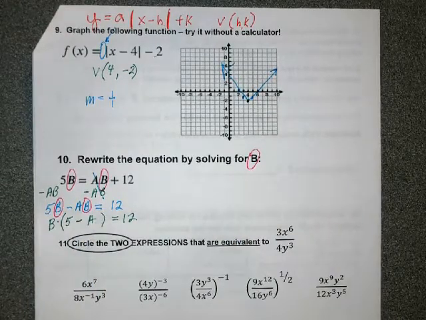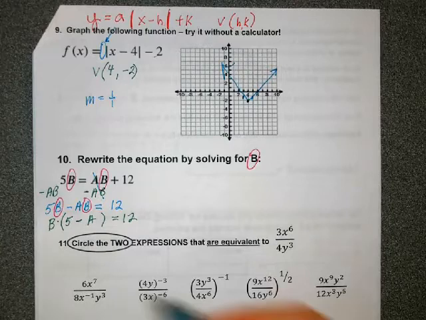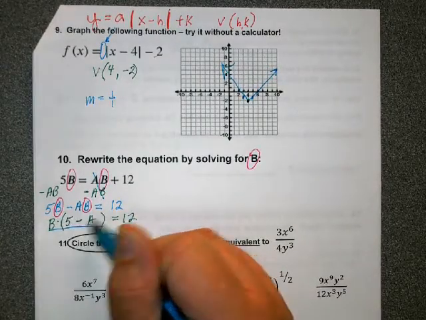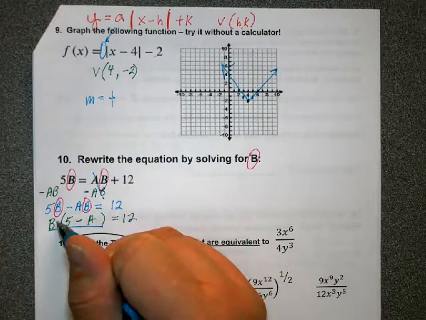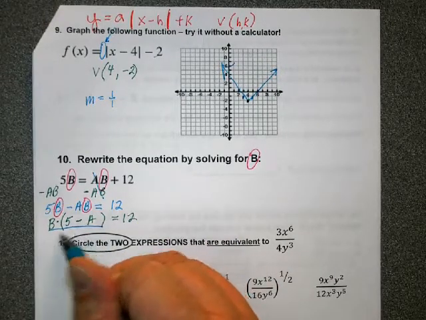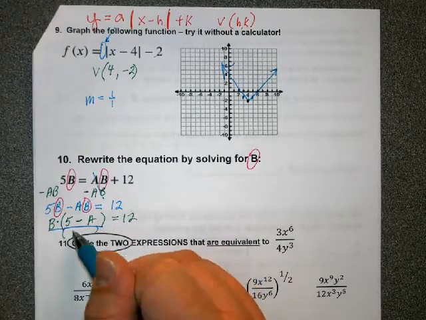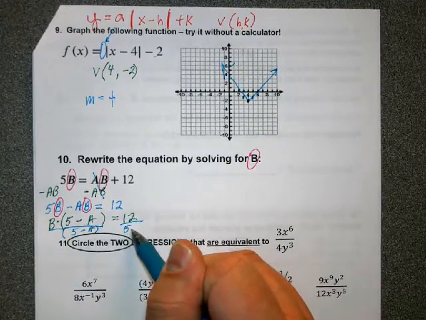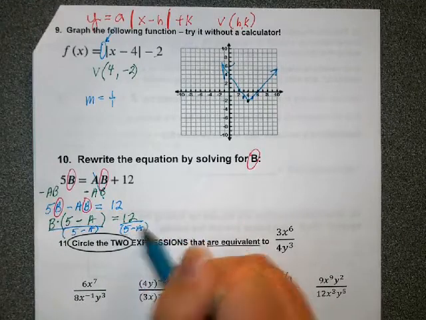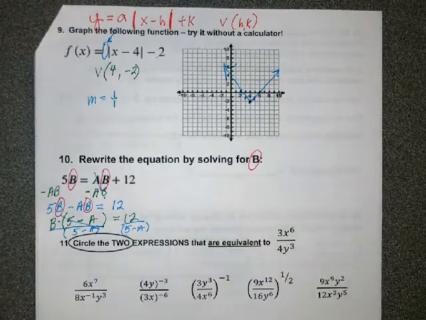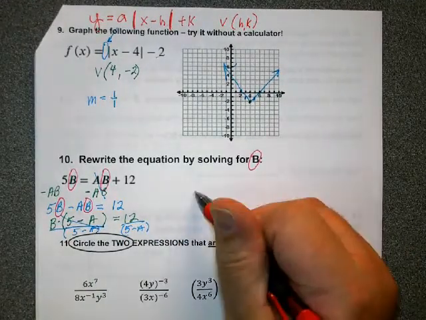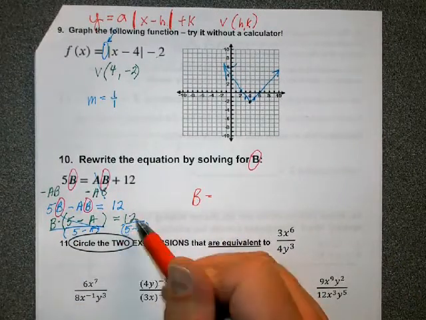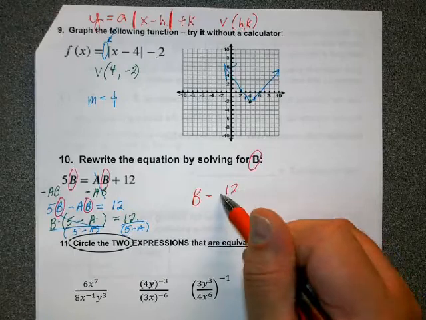Then, now that I have one term here, because this is locked in parentheses, it's being multiplied, so I'm going to divide by 5 minus a. So I finally get my b by itself. And on the right-hand side, I get 12 divided by 5 minus a.